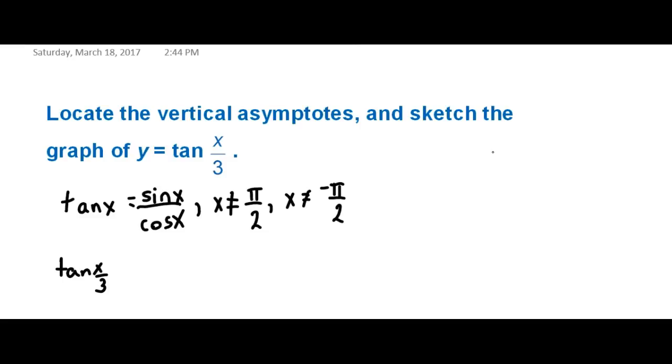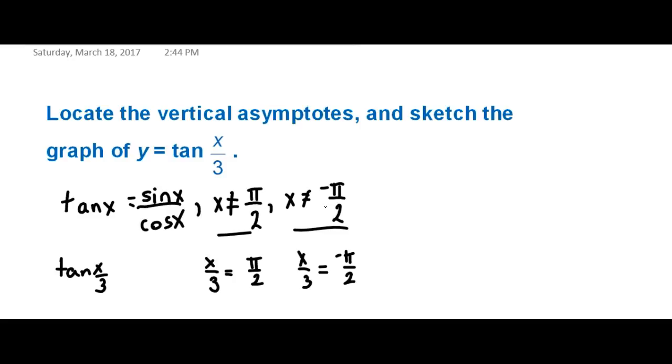So we want to know where cosine of x over 3 is going to be equal to 0. So instead of finding where x is equal to pi over 2 and negative pi over 2, let's figure out where x over 3 would be equal to pi over 2 and where x over 3 would equal negative pi over 2, because that's where the function is undefined.